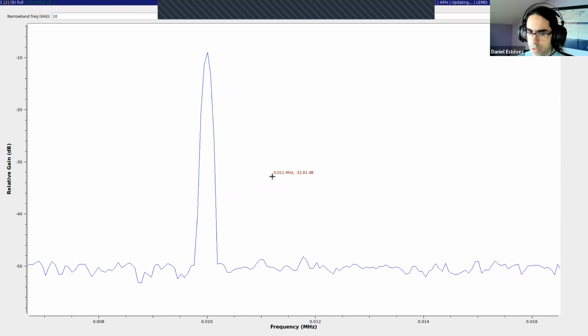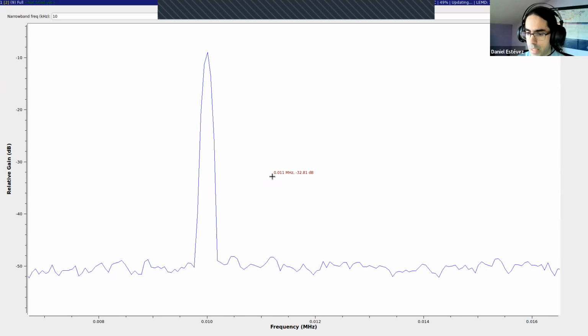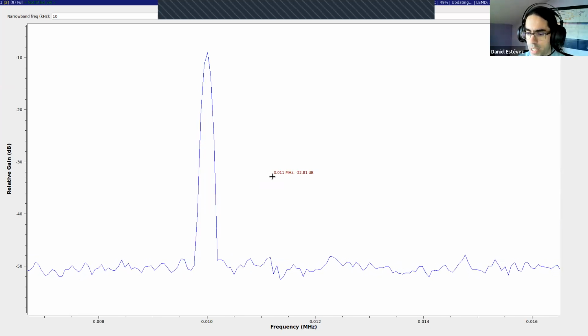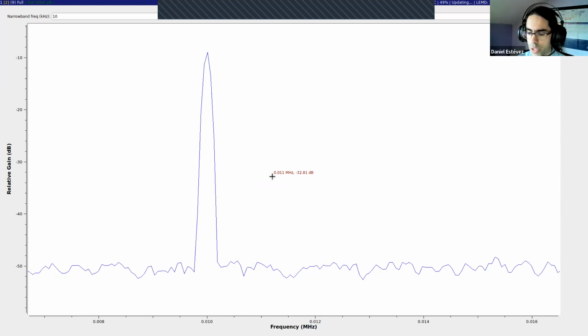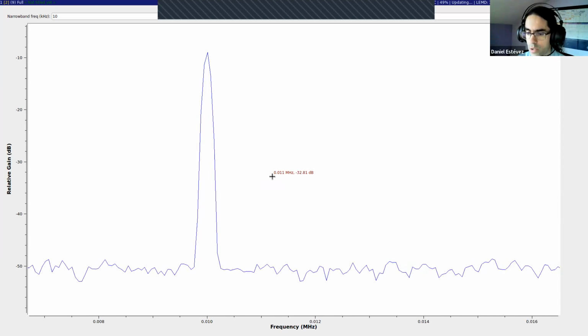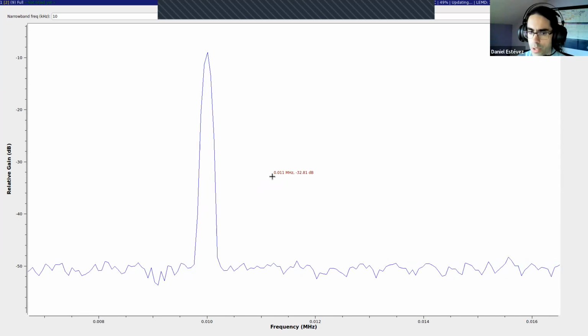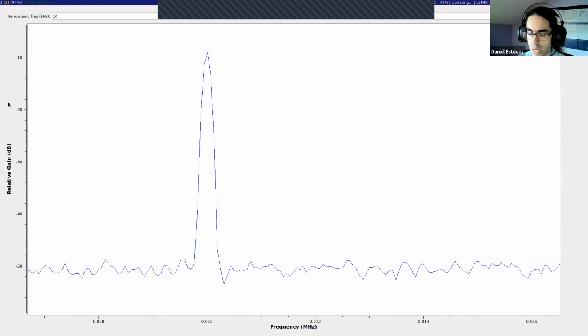So 20 dBs is 100, because if you want to translate from dBs to linear units, you divide your dBs by 10. So 20 divided by 10 is 2, and then you raise 10 to the power 2. So 20 dBs represents a change of 100.